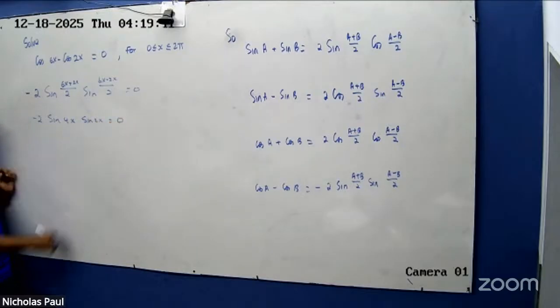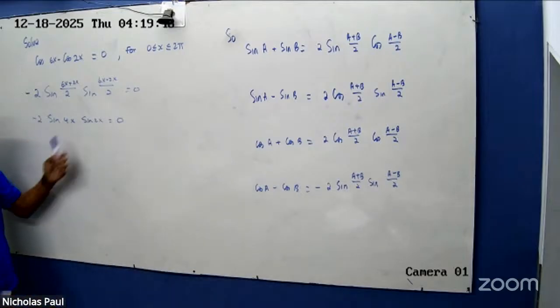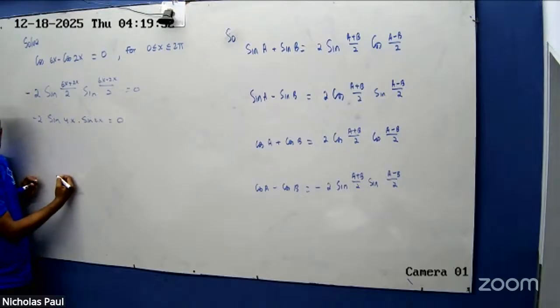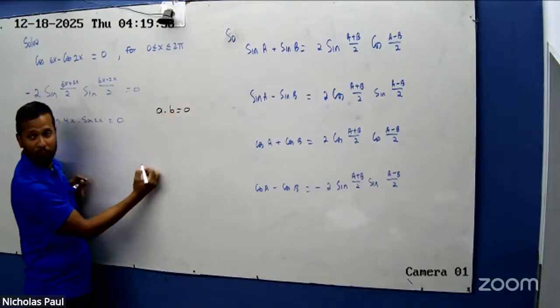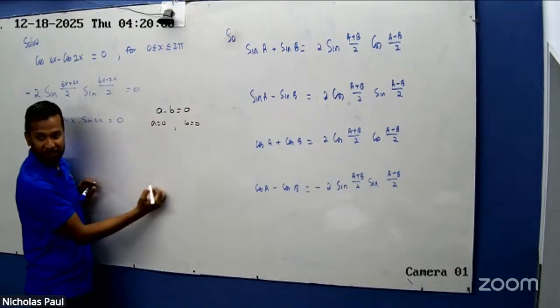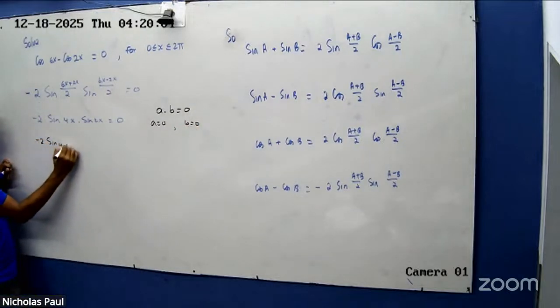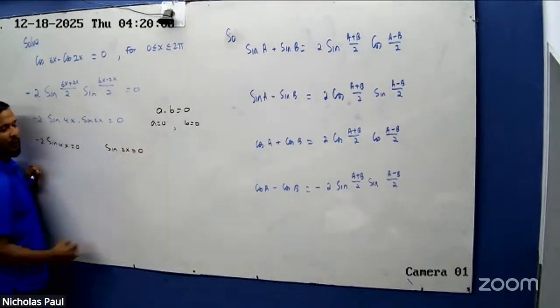How do we solve a product equal to 0? If you have A multiplied by B equal to 0, then A is 0 or B is 0. So we could say minus 2 sine 4x is 0, or sine 2x is 0.